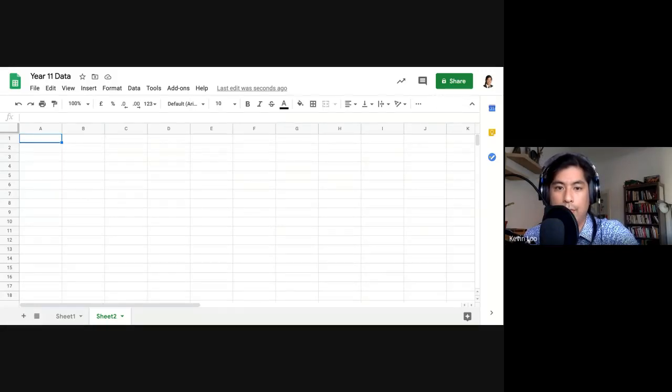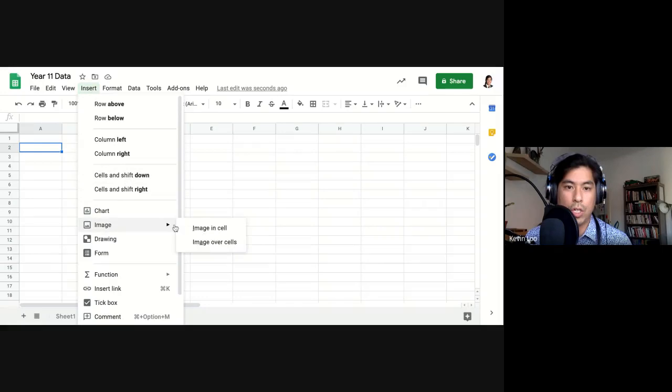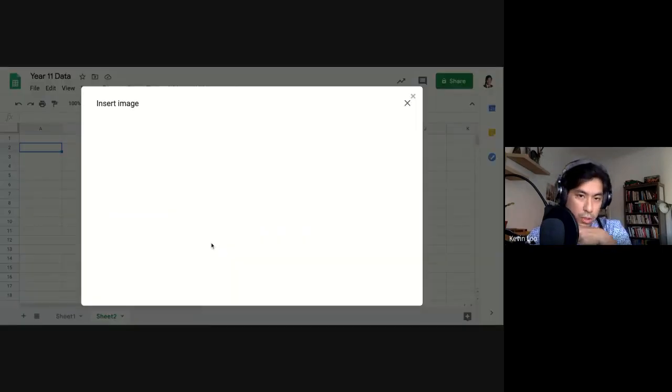I have a table with exam scores from a made-up exam, a physics exam. So if you look on my screen, oh dear, that's not what I wanted. Insert, image, over cells.